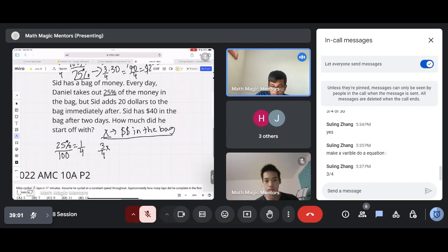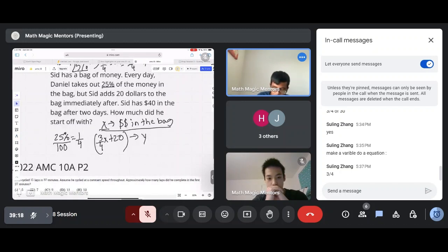So I have three-fourths X, but then immediately after, I add $20 more, right? So now this is the new amount of money that I have. So this is what happens in the first day, right? So this is the new amount. Say this is Y, right? And then what happens the day after? Same thing, right?